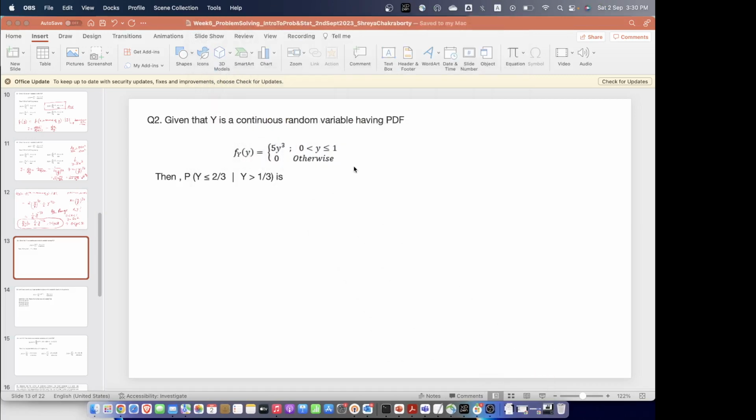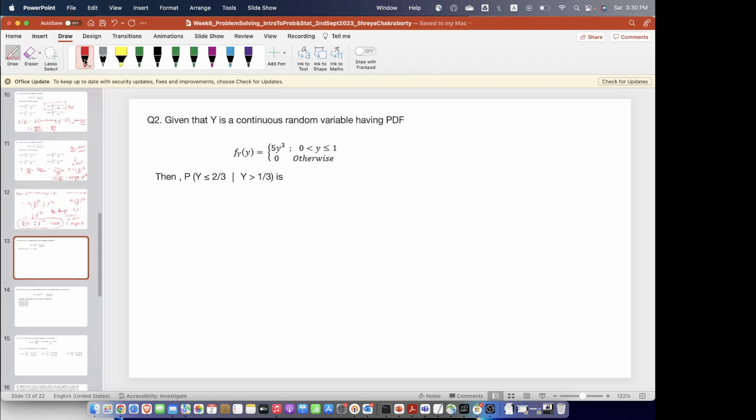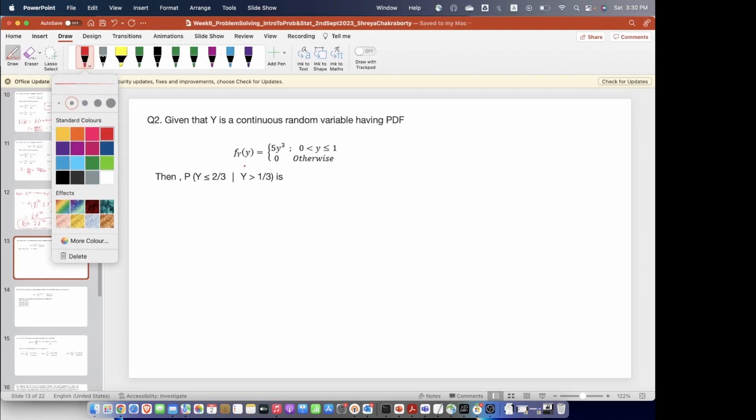Here we have been given that y is a continuous random variable, and this is the PDF of y, and we have to find the probability y less than or equal to 2 by 3 given y greater than 1 by 3.